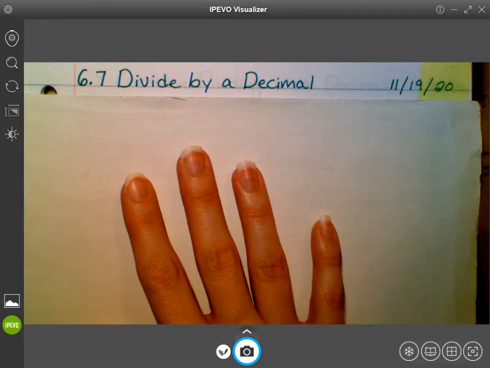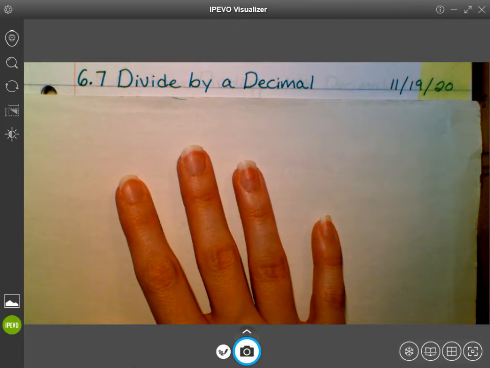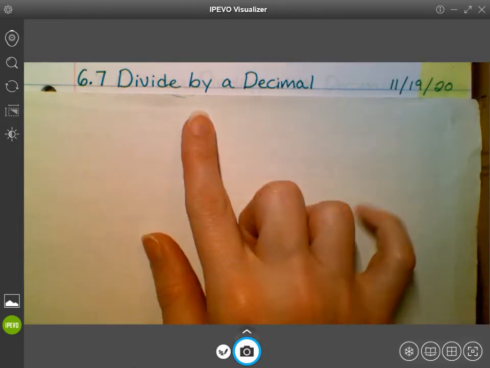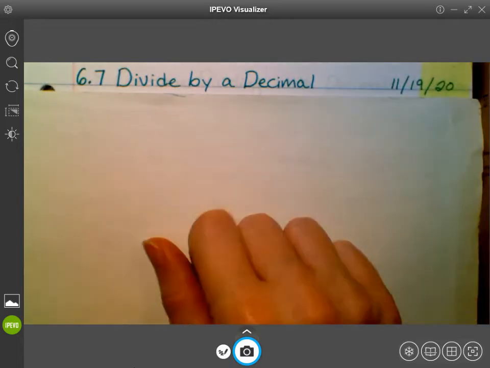You might be thinking, Miss E, I can't easily divide by a decimal number. Well, there is a step we take before we actually divide that makes it much easier. It's just remembering to do that step every time you're dividing by a decimal number. That's what we need to get into the habit of, okay? Does everyone have their title and today's date up at the top?